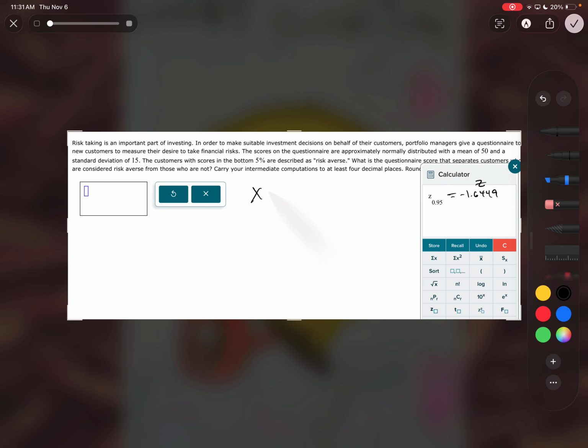So now we are using the formula mean plus the standard deviation times the z-score. So my mean was 50 plus my standard deviation, 15, times my z-score, negative 1.6449. I forgot to click solve again, so let me get my calculator. 15 times negative 1.6449.